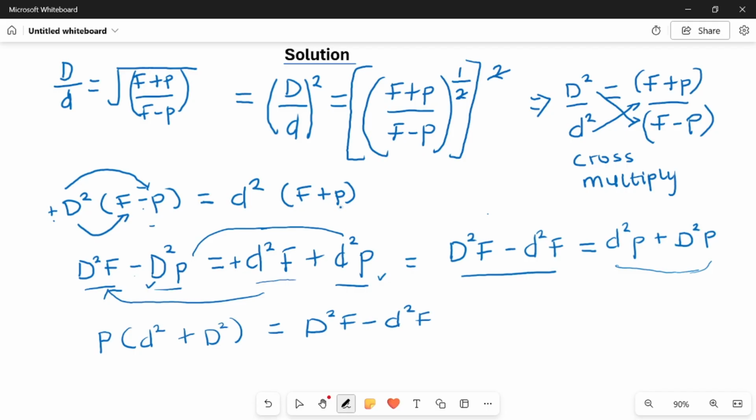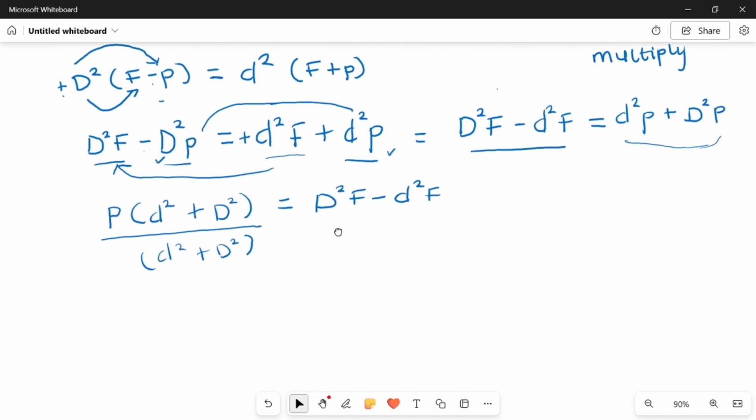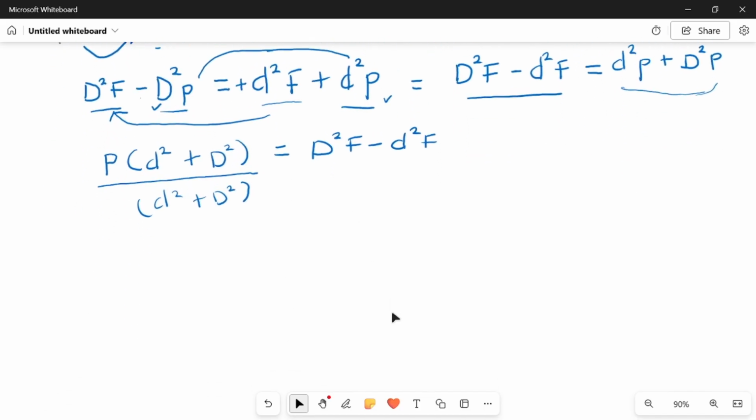So now to make P stand alone, we simply divide both sides by this. We divide both sides by D square plus D square, to make P stand alone. So let's do that.